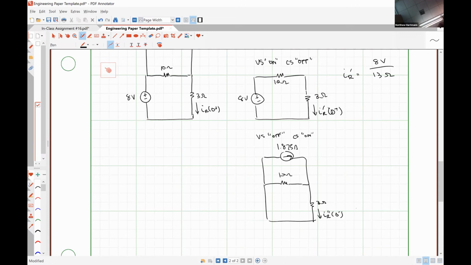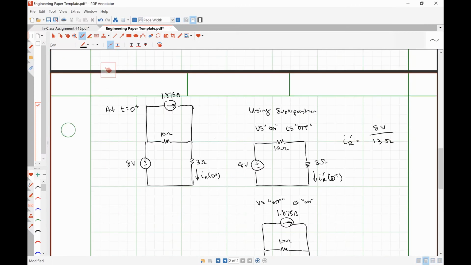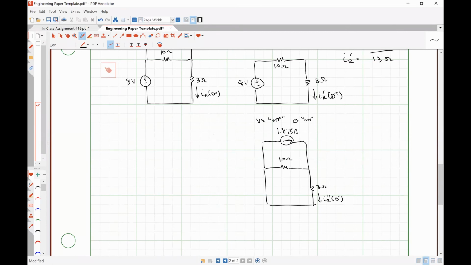How could we go about finding IR double prime here? Current division again. Yep. So IR double prime at 0 plus is going to be 1.875 amps times 1 over 3 up here, over 1 over 10 plus 1 over 3 down there.